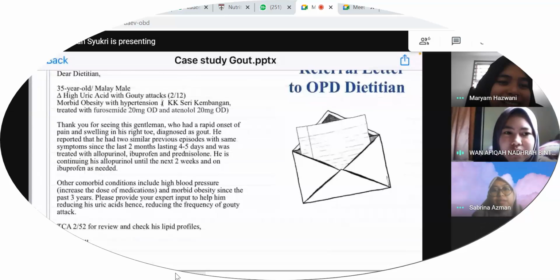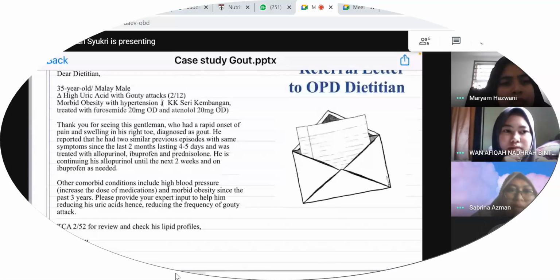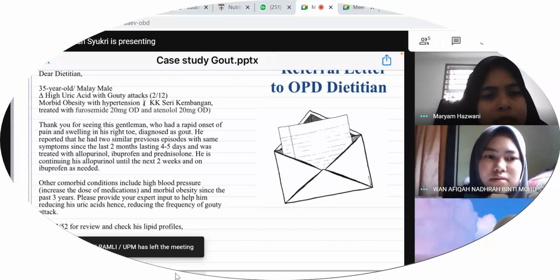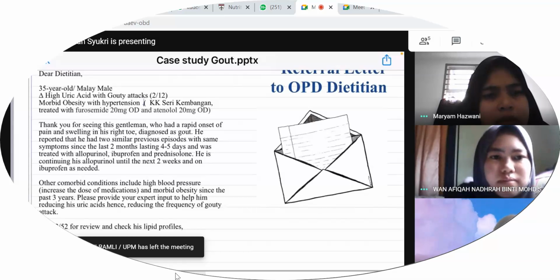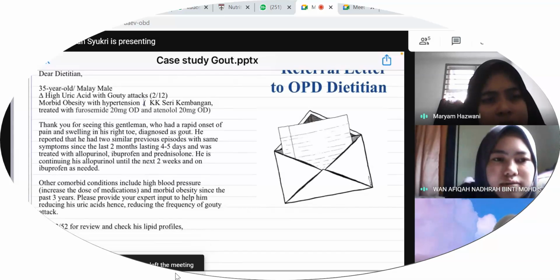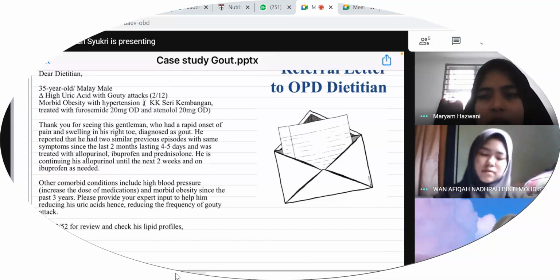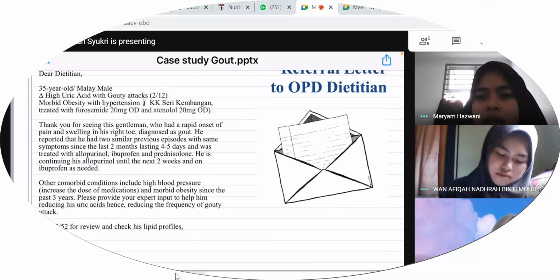Okay, what does it mean? Has the hypertension decreased? No, you can see below it says increase the dose of medication, so we can't say it has decreased. Okay, so what could it be? The downward arrow means he is under follow-up at KK Seri Kembangan.